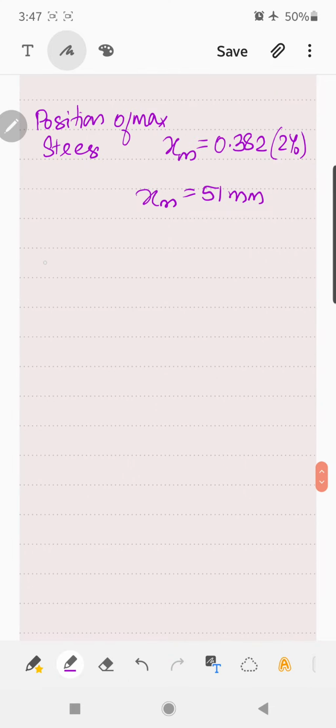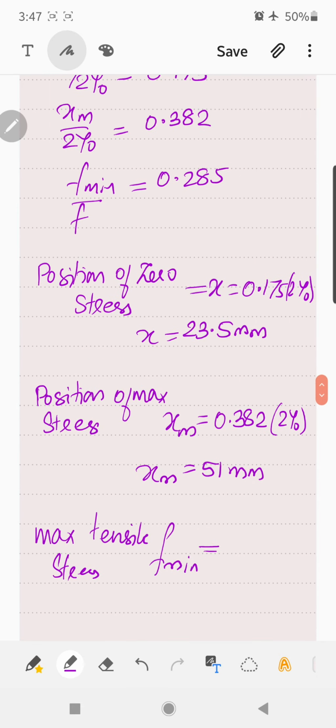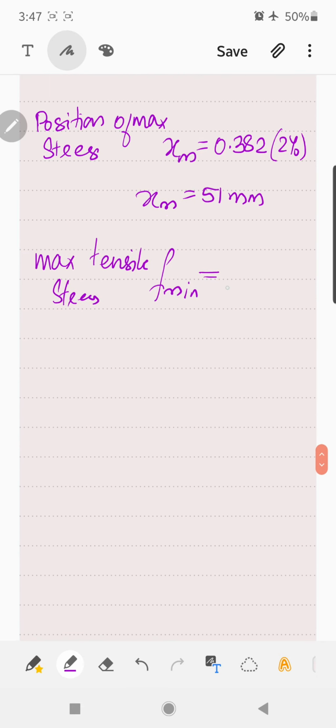Then the maximum tensile stress. f minimum by f is 0.285. So f minimum is equal to 0.285 times f, which is 0.285 into P by A.